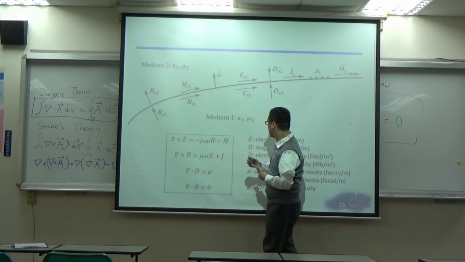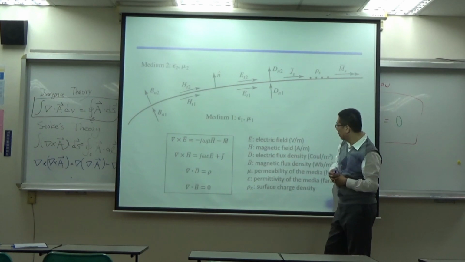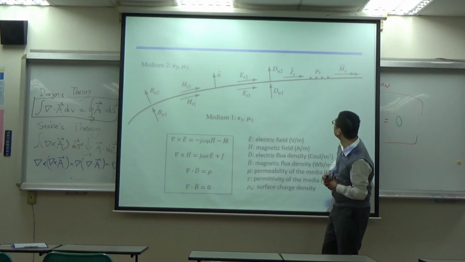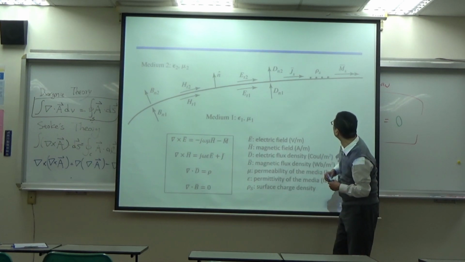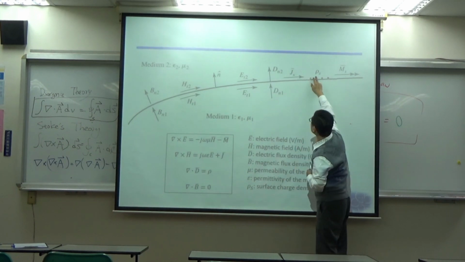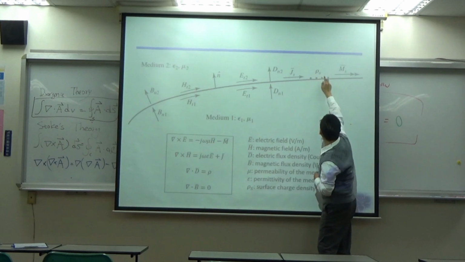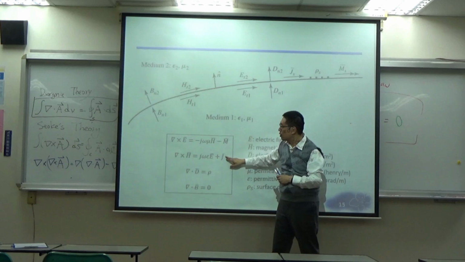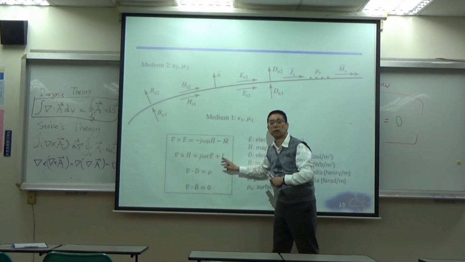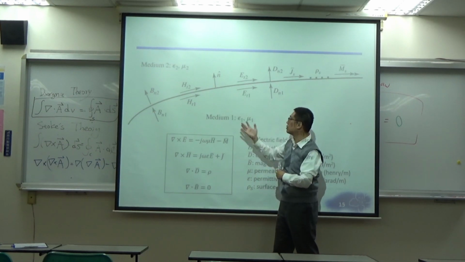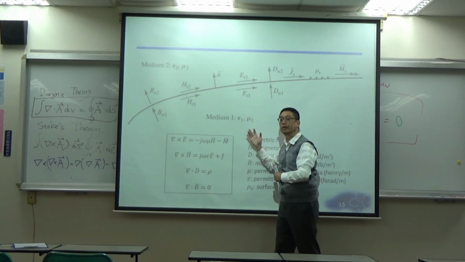And first of all, we need to see. Maybe we can continue. And we have the source J here, rho as the surface charge here, and the M_S here. 1, 2, 3. There are 3 sources. We need to find out a relationship between those notations according to our Maxwell equations.